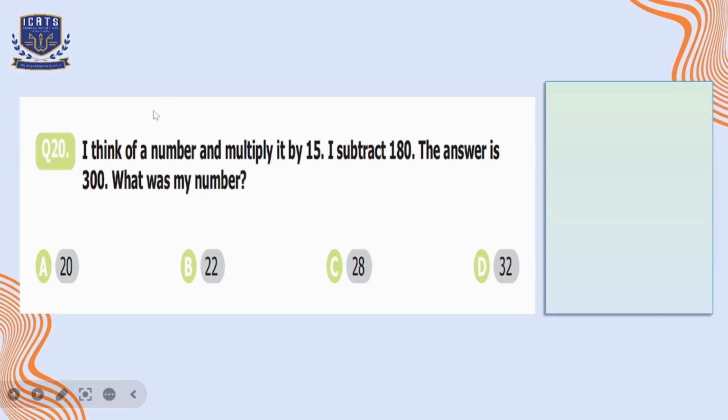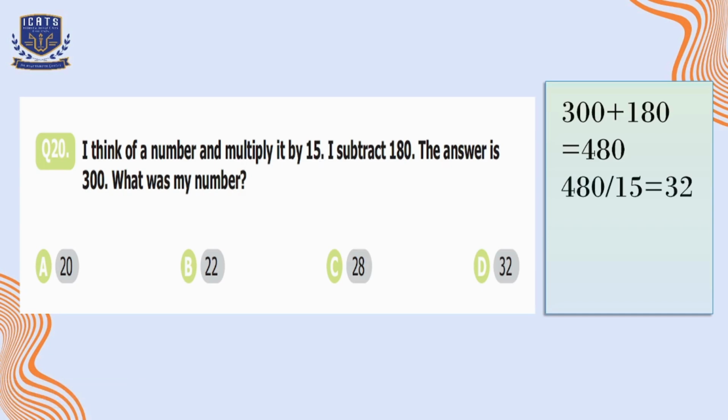And as we have subtracted 180 out of it, now we are going to add 180 into it. So the answer is 480. Now in the start, the number was multiplied by 15. So we will take inverse of multiplication, that is division. So we will divide 480 by 15. That is equal to 32. So our number is 32, which is option D here.